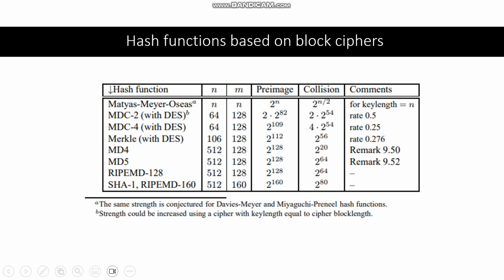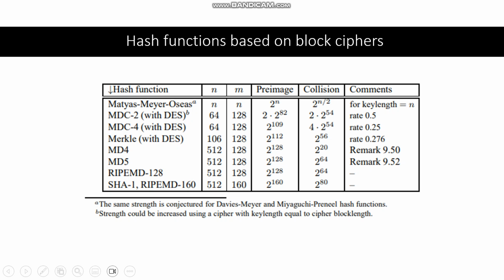If you look at this pre-image column of the table, you can see that the exponent of 2 is the same as the hash value size for the MD4, MD5, RIPEMD-128 and SHA1 hash functions.